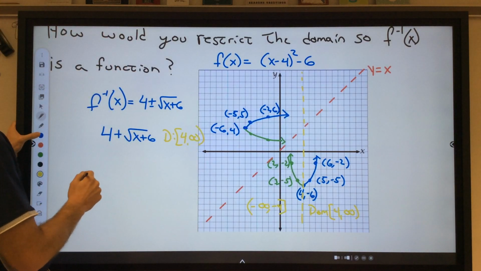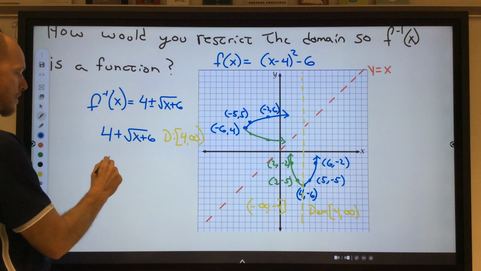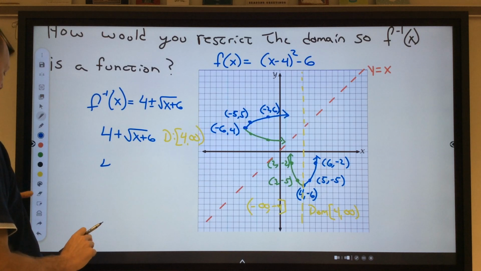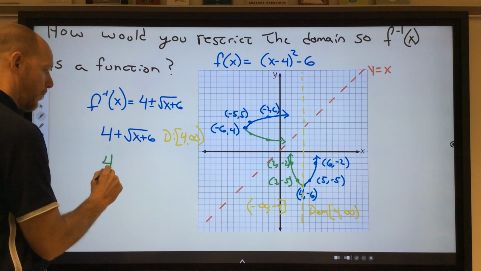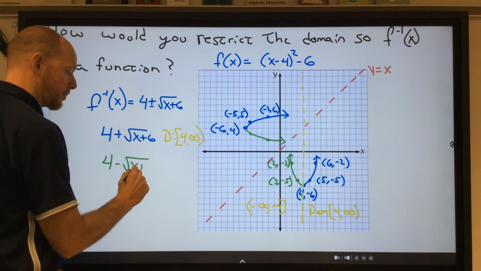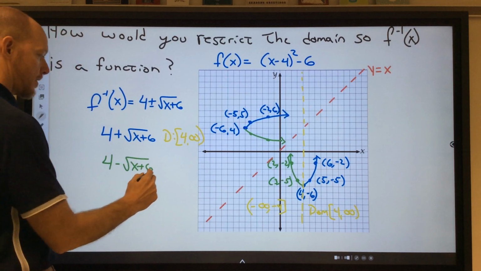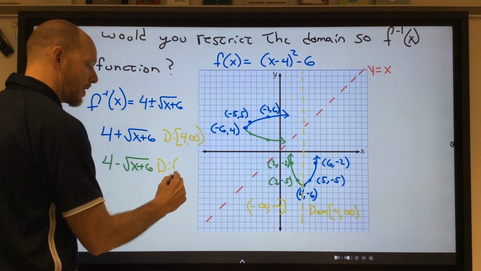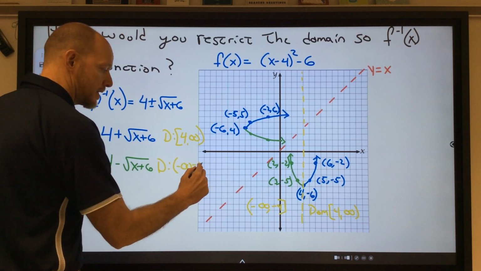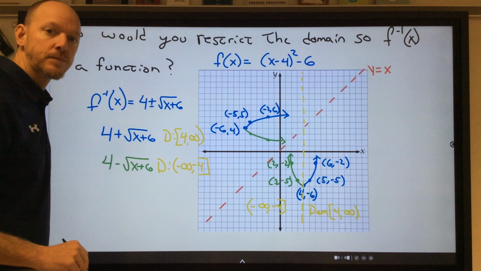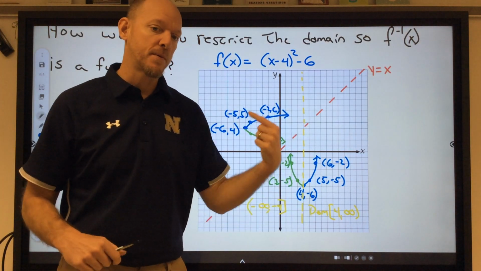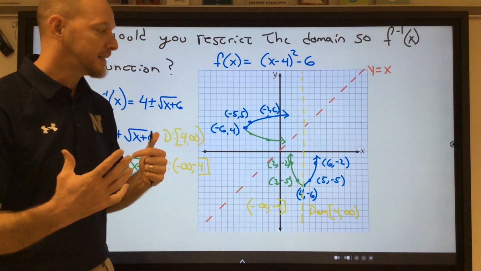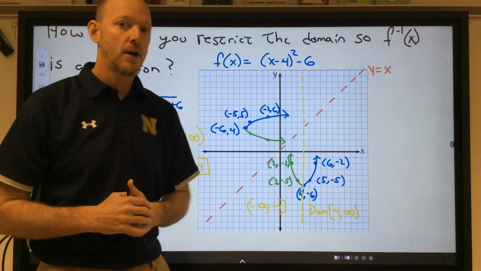However, if I wanted the bottom portion, or let's put the green version, which was 4 minus the square root of x plus 6, then our domain is going to go from negative infinity to 4. And that's all derived from the vertex form of our original function, because that dictates what happens in our inverse function.